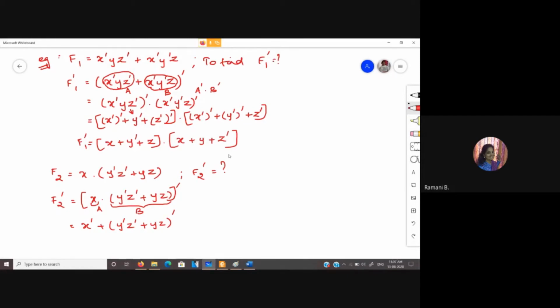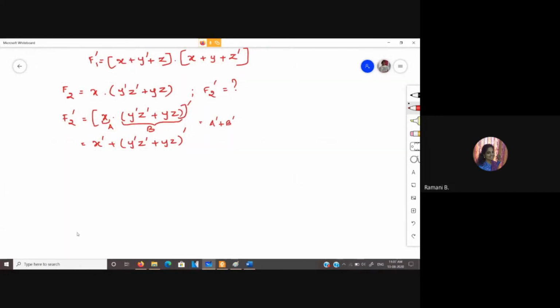Because this is of the form a dot b the whole bar, this is equal to a bar plus b bar. So that is what I have written in this. Now we need to give this as x bar plus, we need not disturb this x bar term as such. Now here again consider this as a and this as b and apply the first De Morgan's theorem. So this is going to be a bar dot b bar. So this will be y bar z bar the whole bar dot yz the whole bar.